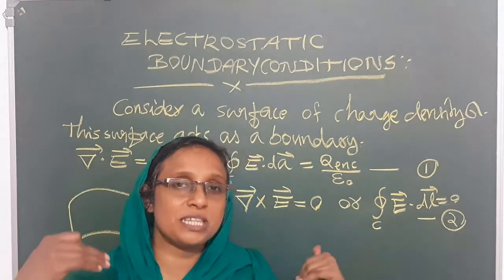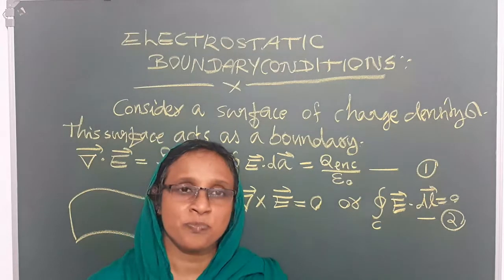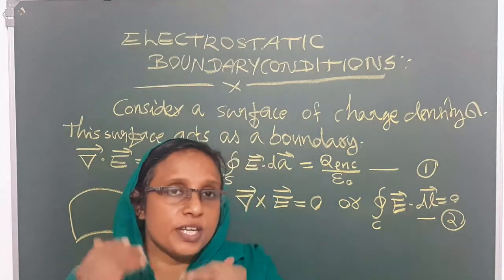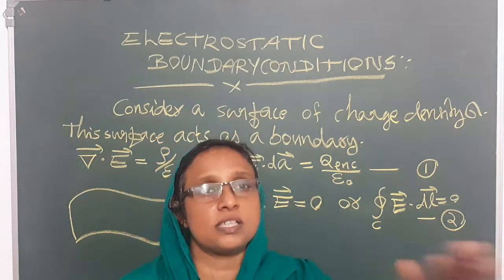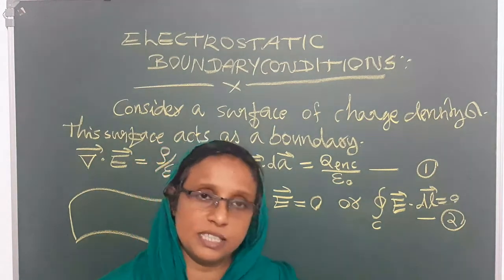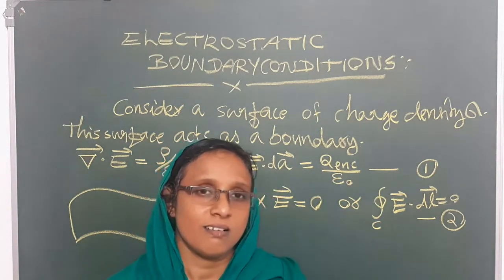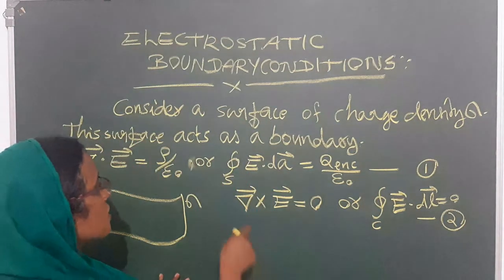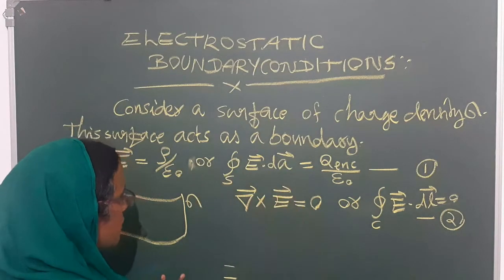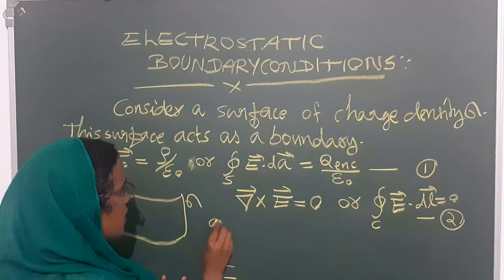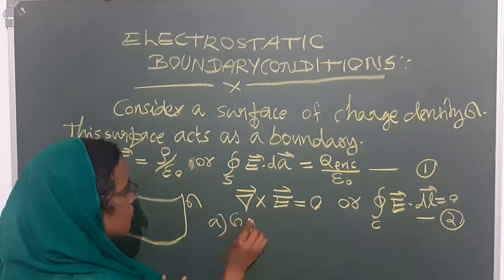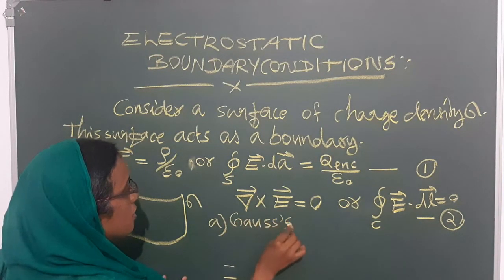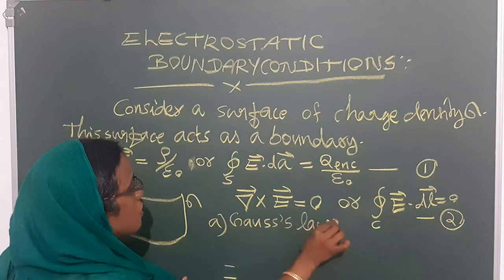Using these, we can find out what happens to the electric field when it crosses a surface with surface charge density sigma. For this, first we check Gauss's law, then we check the curl. First, Gauss's law.